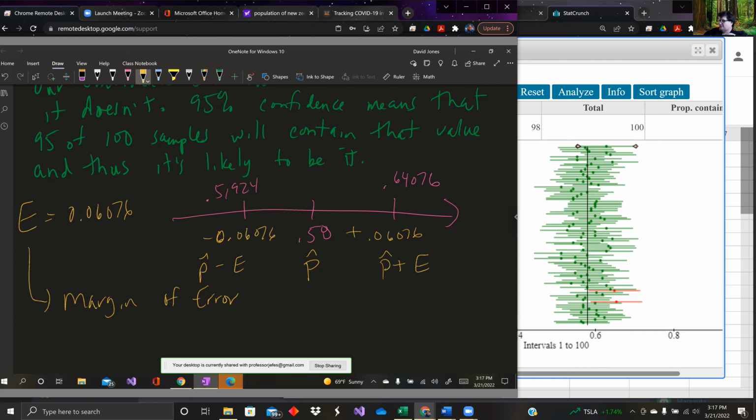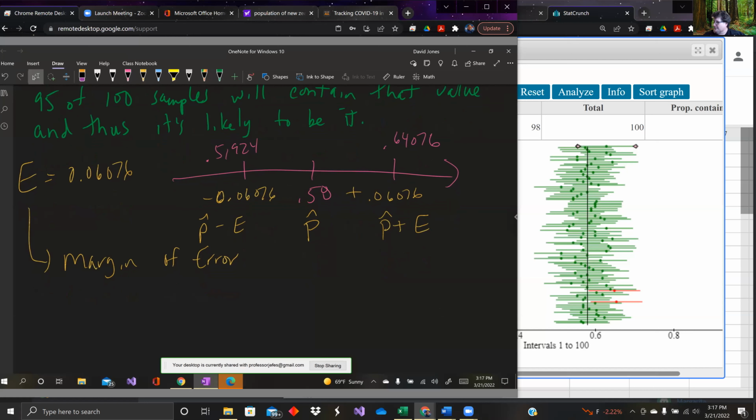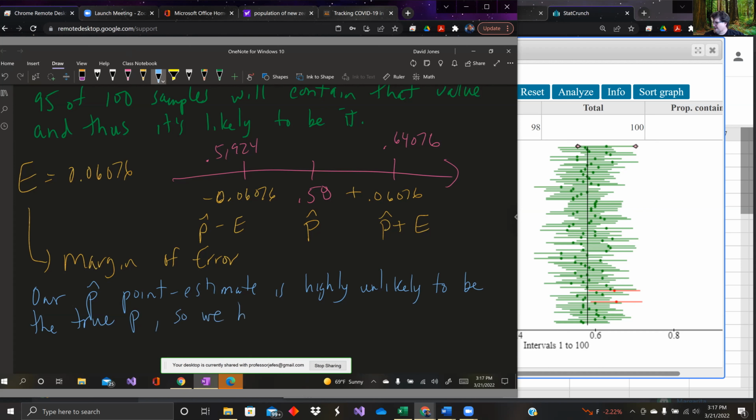And that's why we use it. Since our sample, our point estimate p hat, is highly unlikely to be the actual p, the true proportion, we have a little cushion around it.